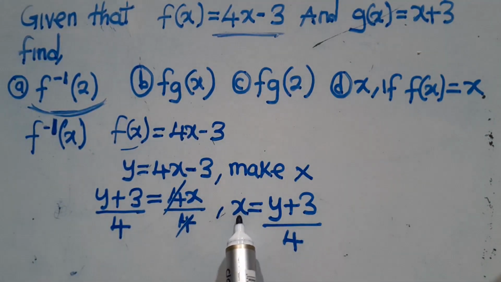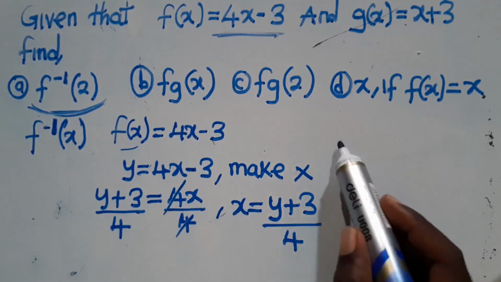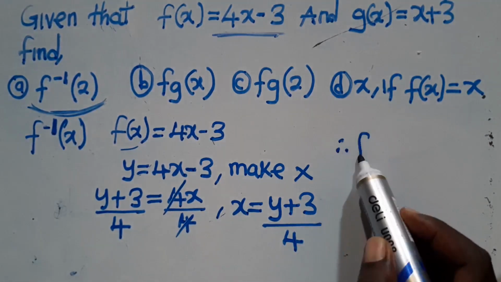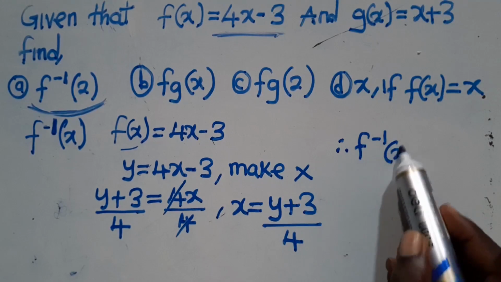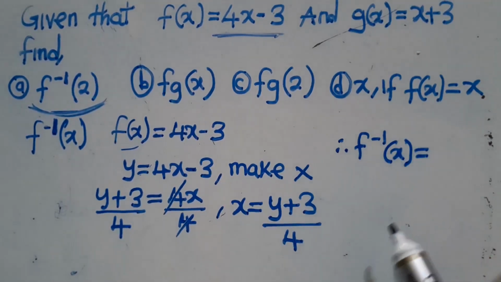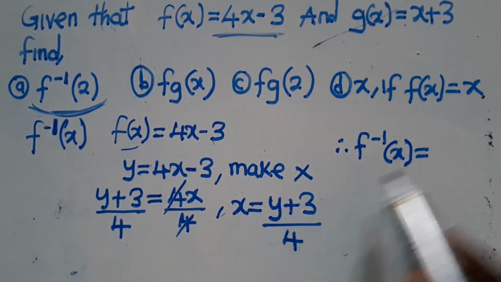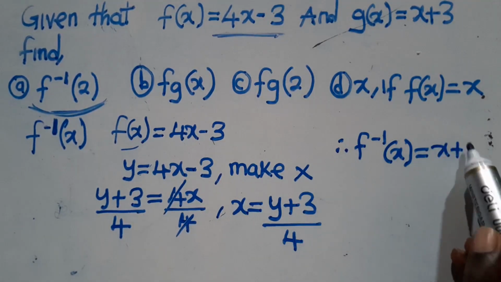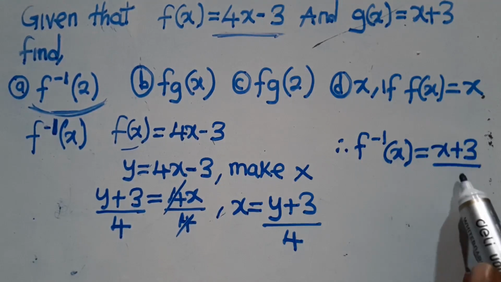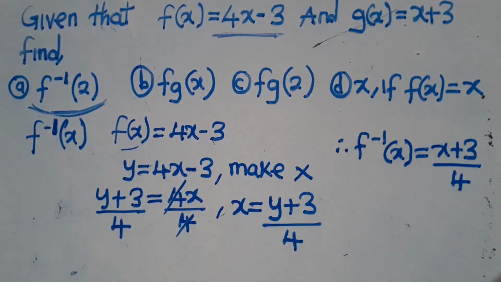After making x the subject of the formula, I'm going to say, therefore, f inverse of x is equal to, where there is y, I put x, so x plus 3 over 4. You just need to follow these steps the way they are.